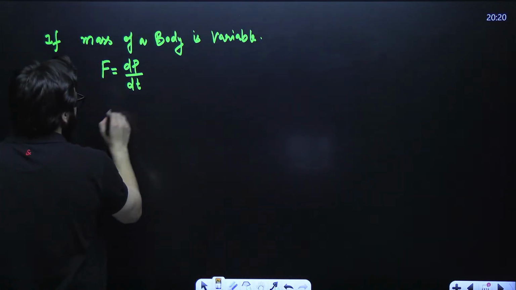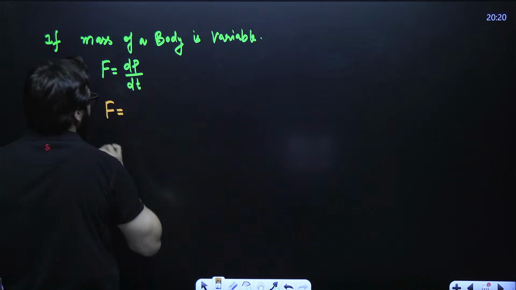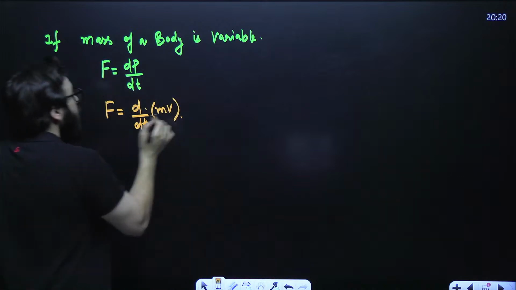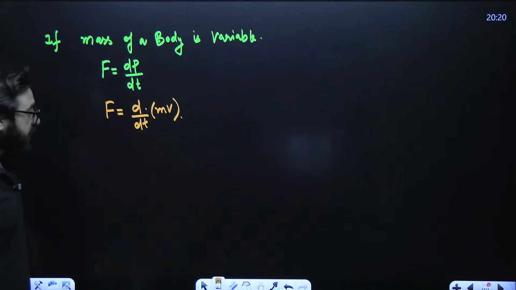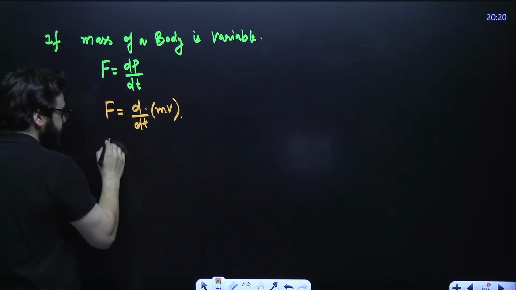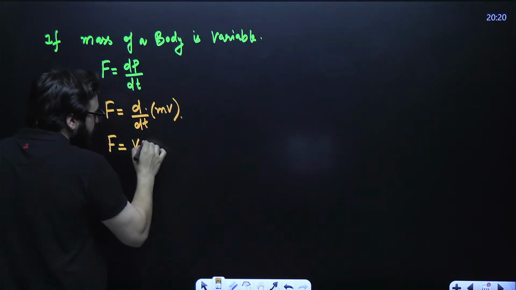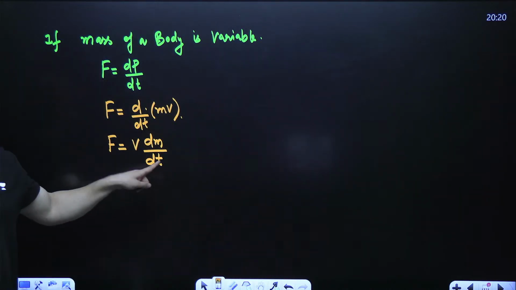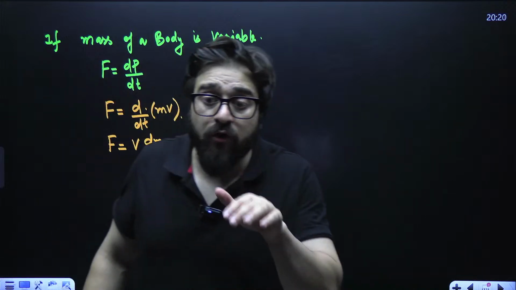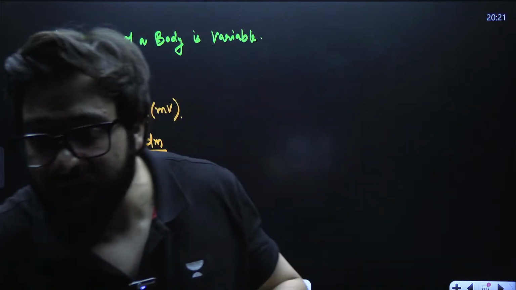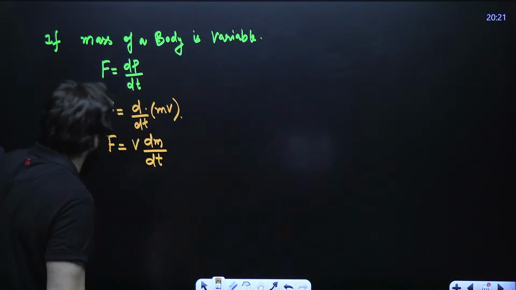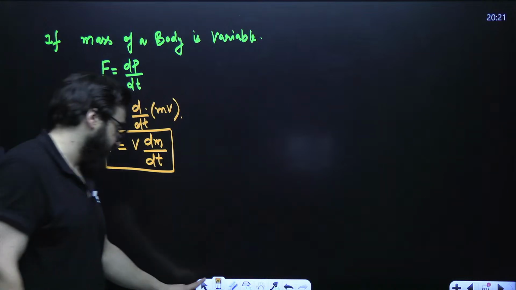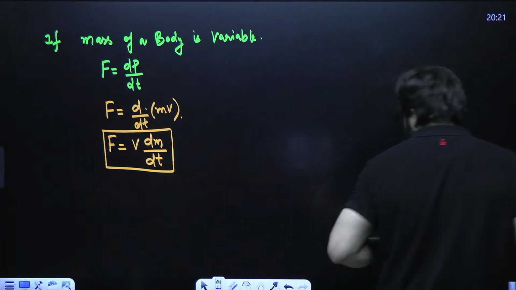So I can write F is equal to d by dt of mv, because momentum is mass into velocity. Let's suppose velocity is constant, take this out. So we can say F is equal to v, and then dm divided by dt. What is this dm by dt? dm by dt is the rate of change of mass, how fast the mass is changing over here. This is Newton's second law when mass of a body is variable.